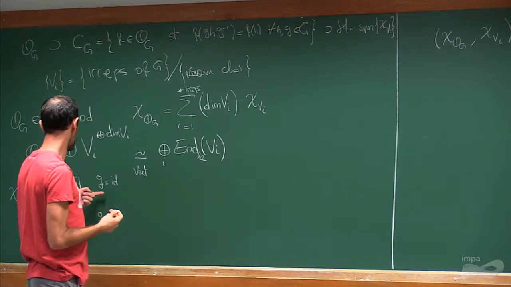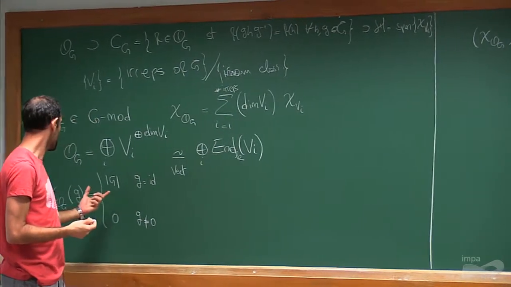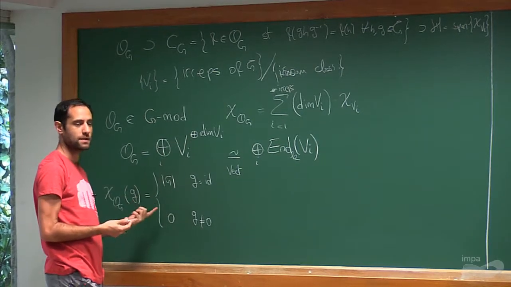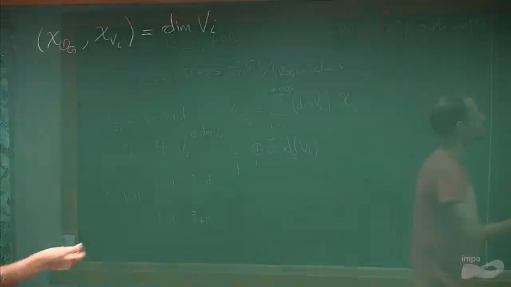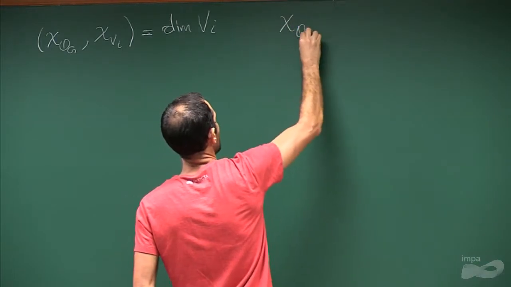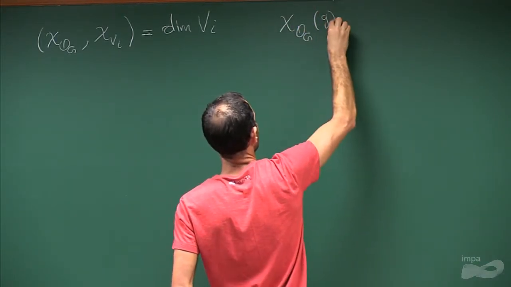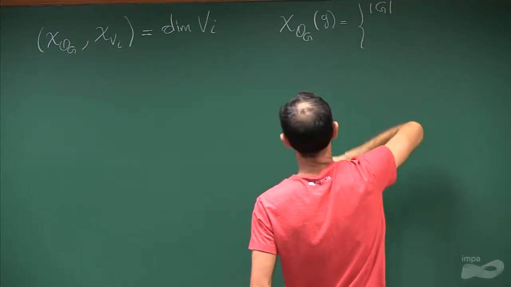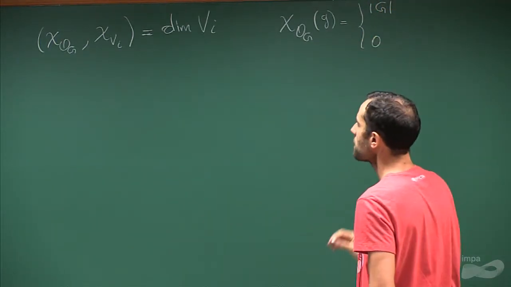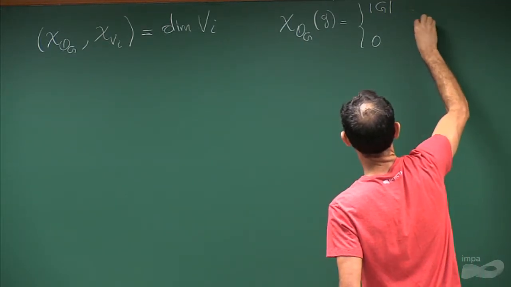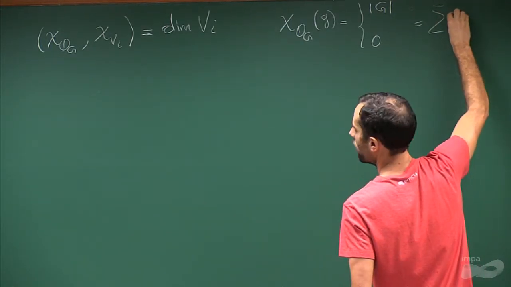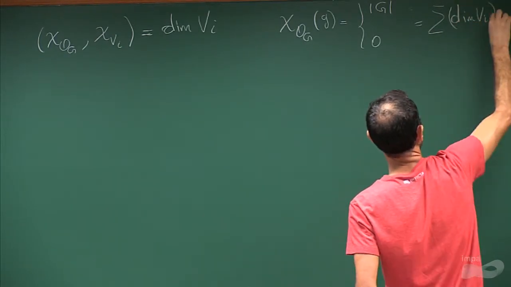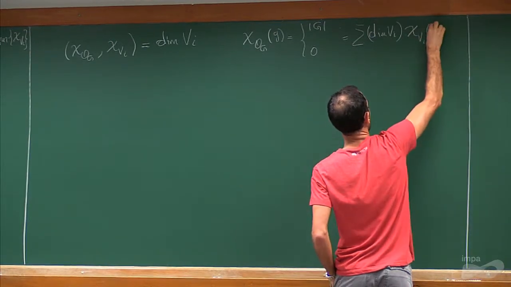And moreover, since we have this decomposition, we can evaluate both sides at an element g. If we evaluate the character of O_G at g, on the one hand, this can be the order of G or 0, just by that statement. On the other hand, this is equal to the sum of the dimension of Vi times the character of Vi evaluated at g.